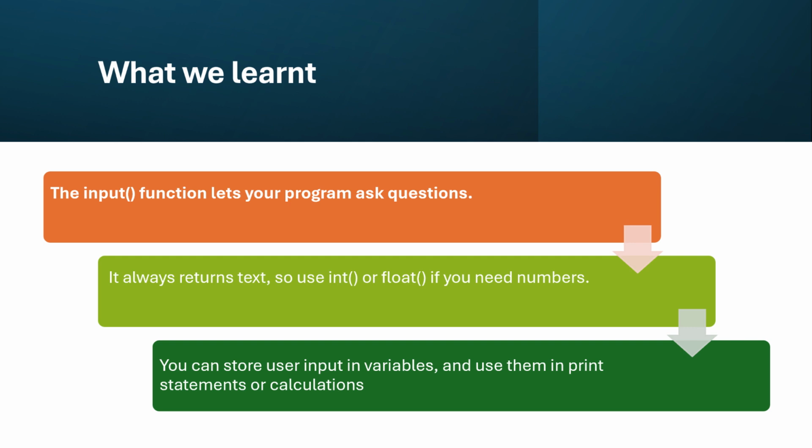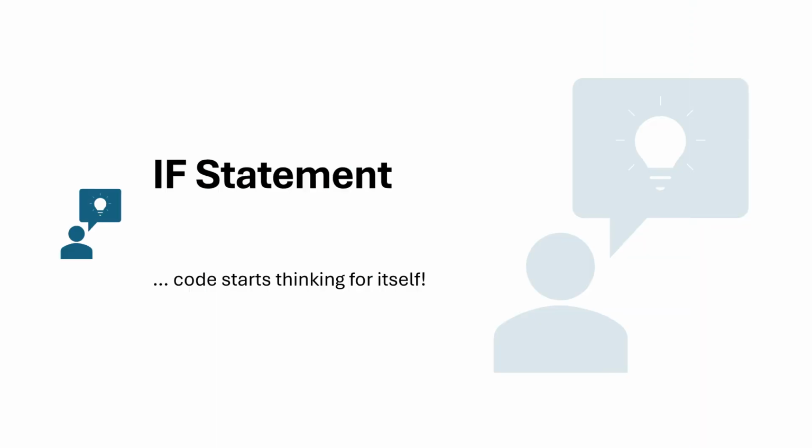You can also store user input in variables and use them in your print statements or calculations. In the next video, we'll take a step further and learn how to make decisions in Python using if statements. That's where your code starts thinking for itself.